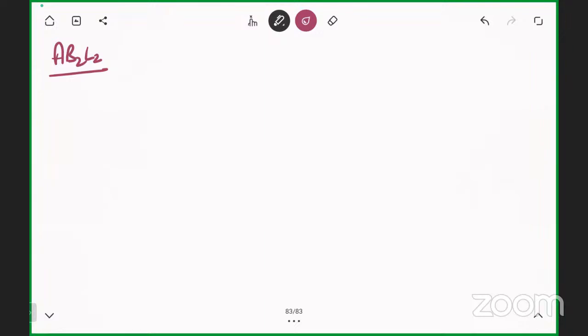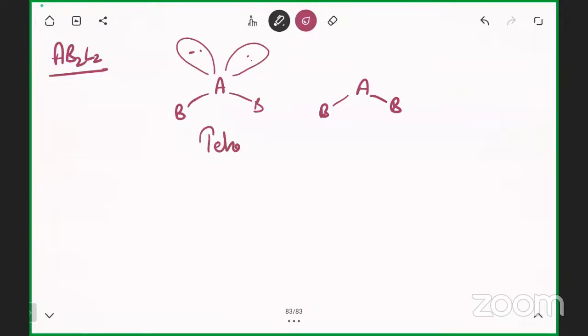So the condition is A, B, B, and L, L. Normally, if I take the lone pairs into account, this will be considered under the category of tetrahedral, so the geometry will be tetrahedral.